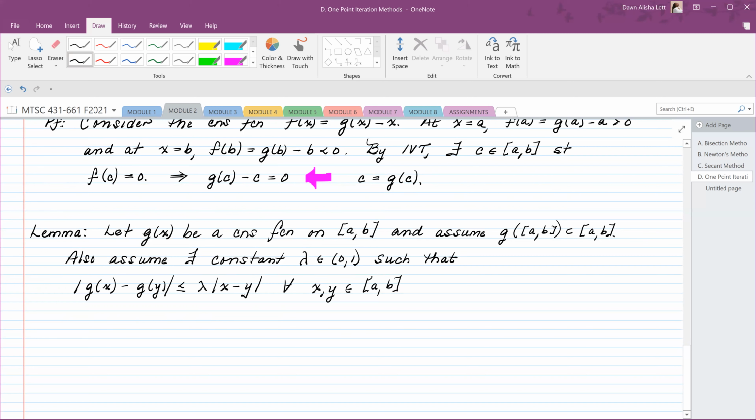So that means I can look at the distance between x and y, but when I take g of x minus g of y, that distance is even smaller because lambda is a fraction.